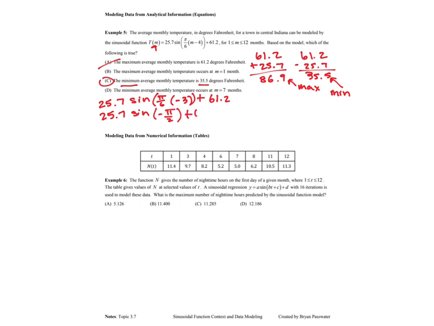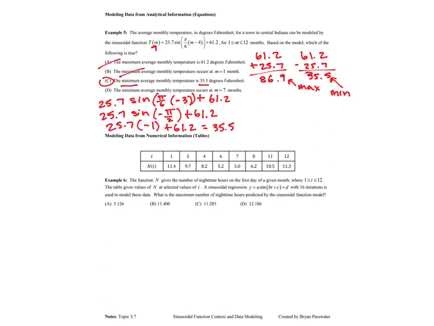Where is that? 3 pi over 2. Right? If I go backwards, negative pi over 2 is down here. So what's sine of negative pi over 2? Negative 1. Okay, so I've got 25.7 times negative 1 plus 61.2. That's a minimum, that's 35.5. So no, it's not the maximum average there.